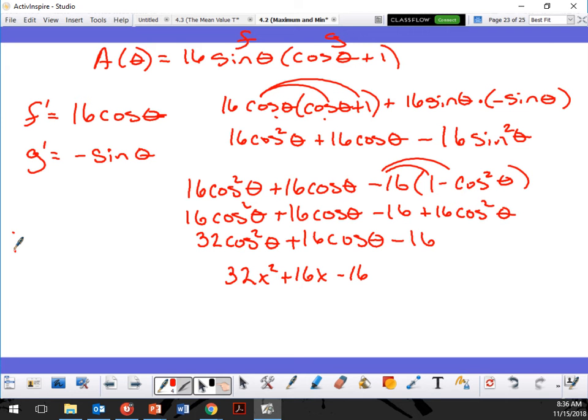And all of this is my derivative, right? So x equals cosine theta, and this is the derivative, so it's right here. So now from here, I'm going to say this, if I set that equal to 0.